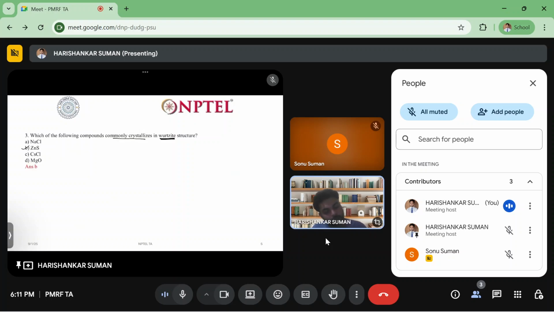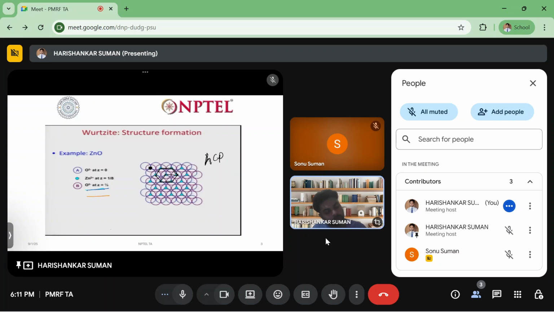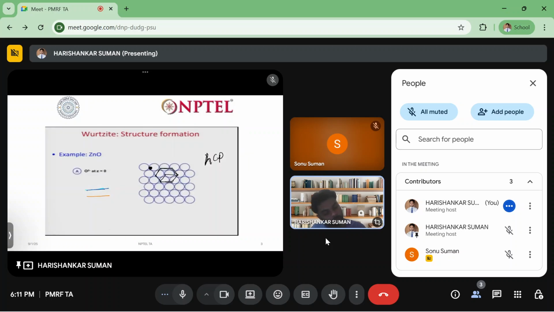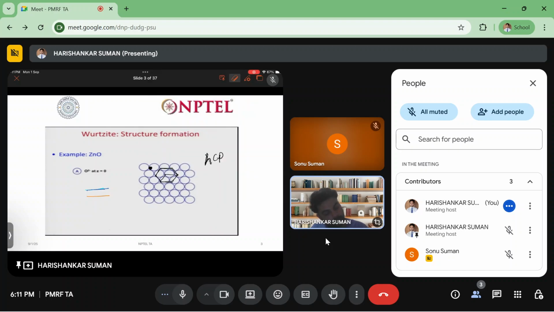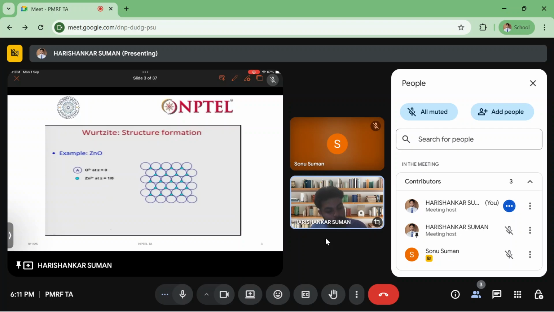Let me show you again. Let's see. This is A layer at Z equal to 0. Now the B layer at Z equal to half, like that.